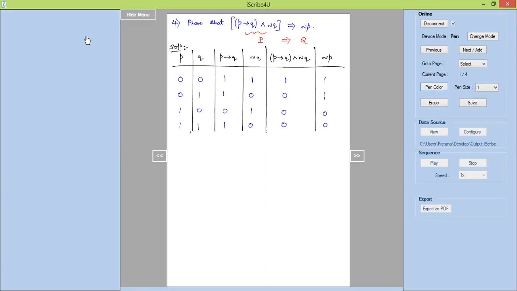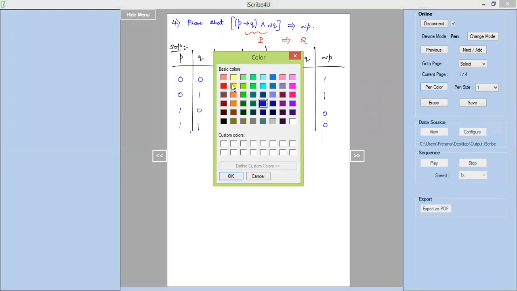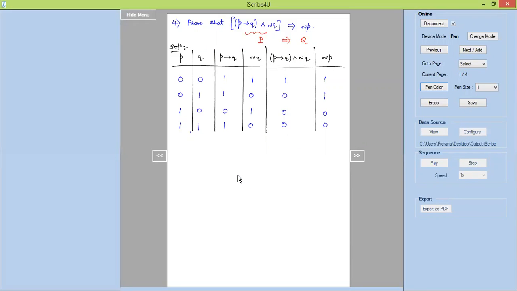Now what is to be observed? We have prepared the truth table, that's fine. Now we have to show that P conditional Q and negation Q implies negation P. See, whenever the left side is true, the right side must be true. That is the definition for logical implication.